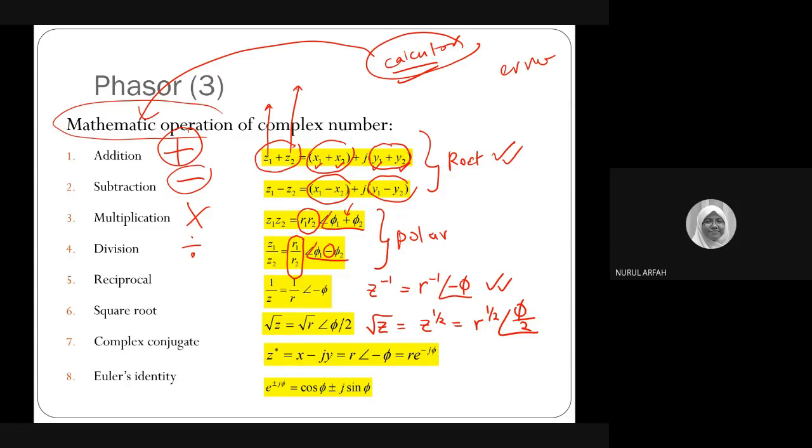So what should you do? You go to one of these forms of mathematical operations in order to solve this. Okay. Complex conjugate, yes, already explained, and Euler's form also explained.